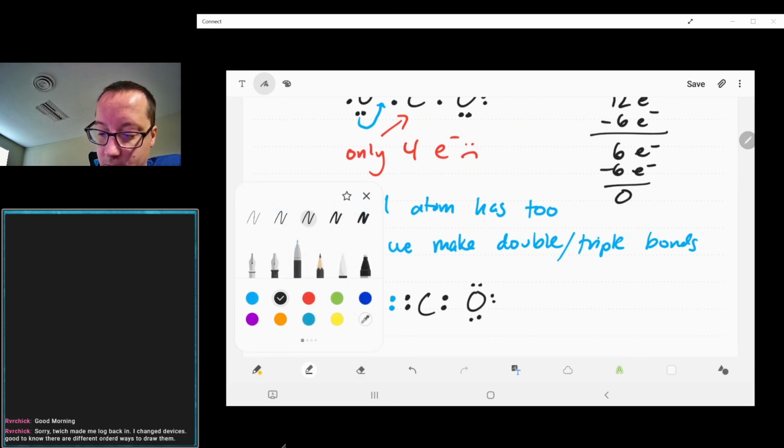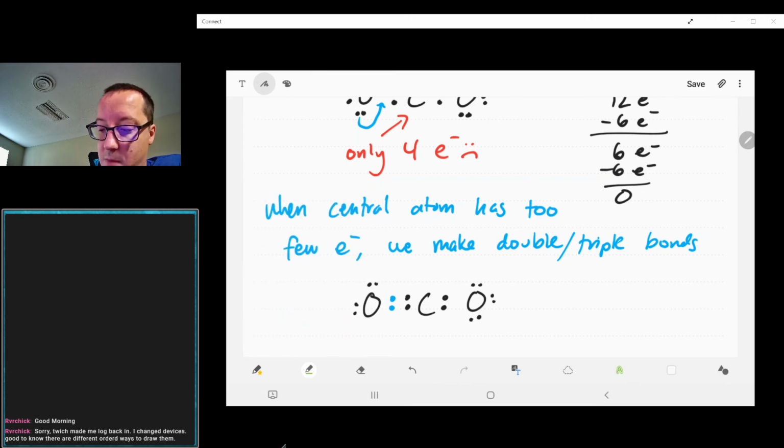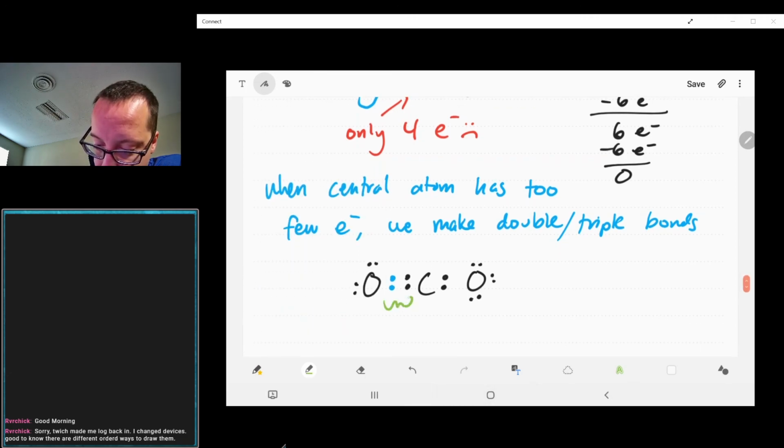So now, remember that this means that it's sharing 4 electrons. So those 4 electrons are going to be part of both atoms. They're part of the oxygen, they're part of the carbon. So this oxygen still has 8 electrons. It's got 2, 4, 6, 8.